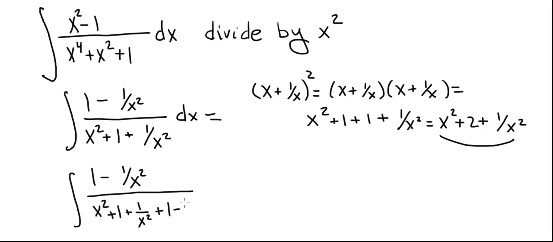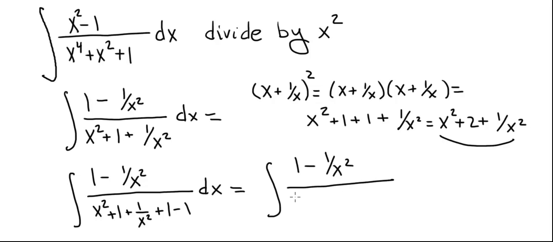But if I add 1 and subtract 1, I didn't change the problem, and it will allow us to proceed. So this is equal to 1 minus 1 over x squared in the numerator divided by x squared plus 1 over x squared plus 1 is x squared plus 2 plus 1 over x squared, minus 1.